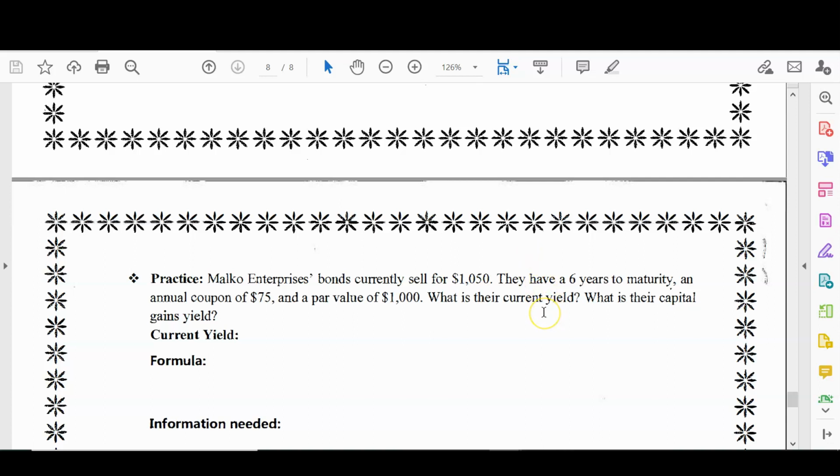Okay, how can we calculate current yield? For capital gains yield, again, it's hard to calculate it using its definition because it's hard to calculate the bond price after a year. However, you could calculate yield to maturity for the bond first and then subtract current yield to get capital gains yield. Please pause the video and try to work on this question on your own.